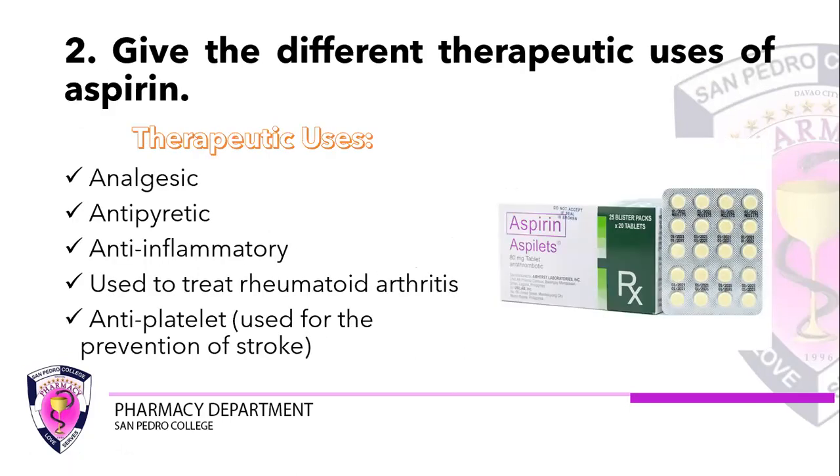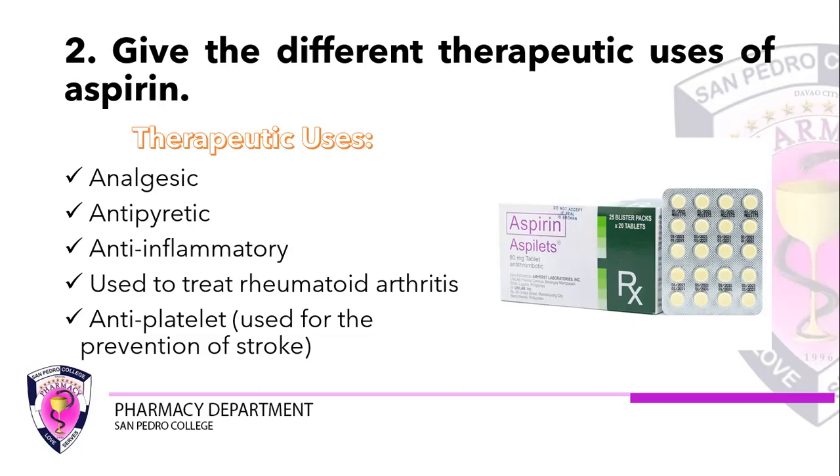Next, give the different therapeutic uses of aspirin. So aspirin, it's available in the market. So we have the following uses: analgesic, antipyretic, anti-inflammatory. It is used to treat rheumatoid arthritis, and it is an antiplatelet agent. It is used for the prevention of stroke.